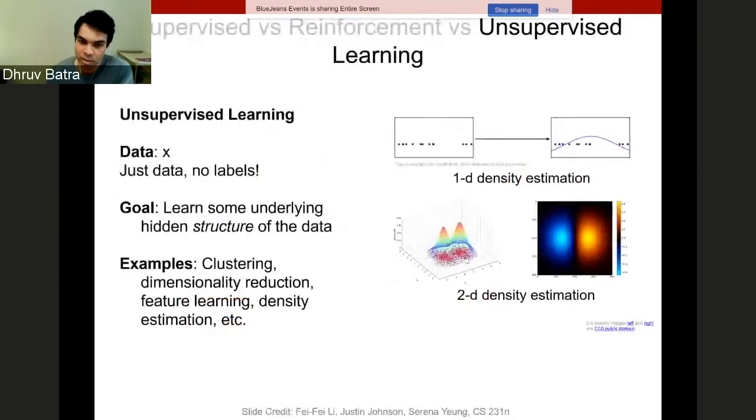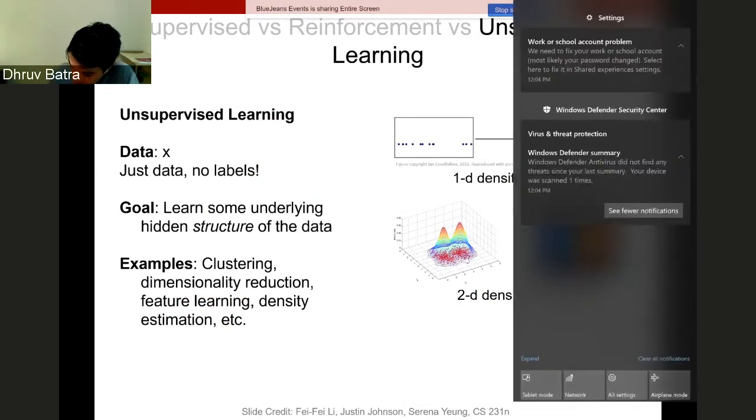So here's a second, really a fundamental class of unsupervised learning techniques, which is density estimation. Here, you are given X, and what we want to do is fit a density function.